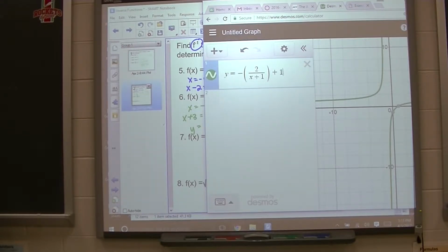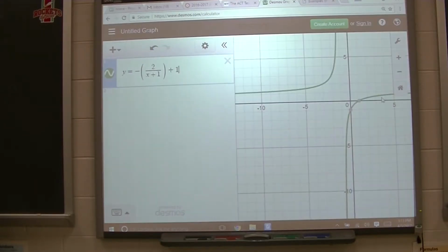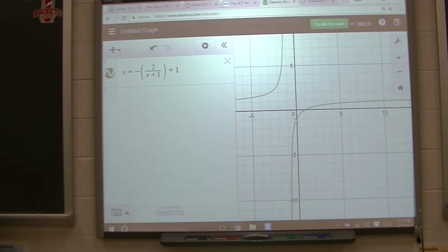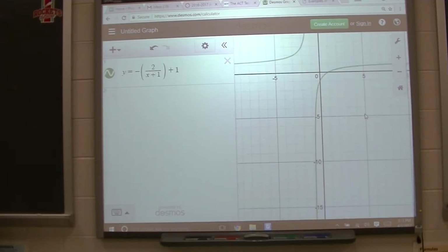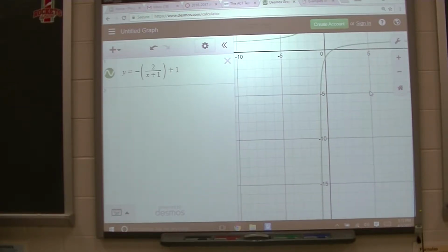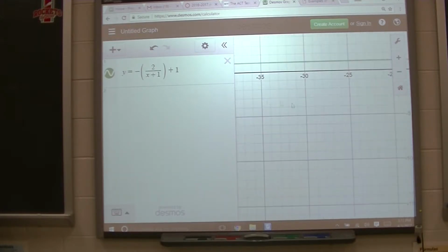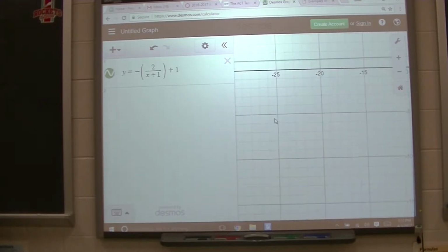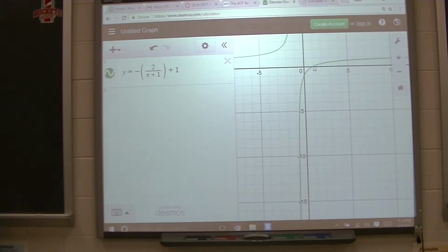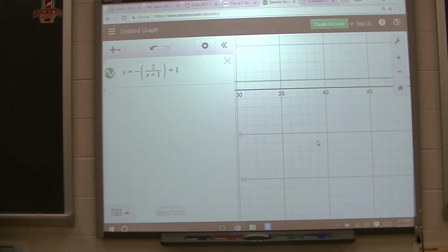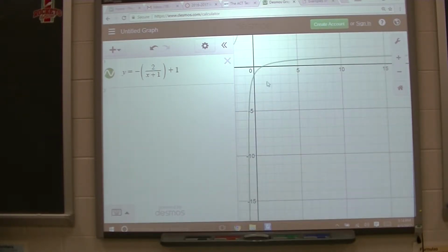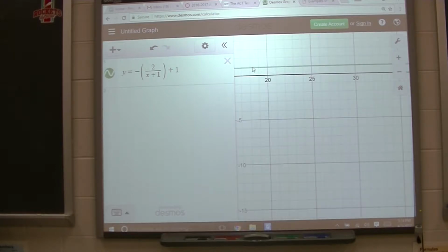Alright, so here we go. Here's my graph. Notice, once again, we have another vertical asymptote. But here it looks like we also have a horizontal asymptote at what looks to be positive 1. It's approaching it, but it's never going to equal it, as you can see as I go further and further this way.